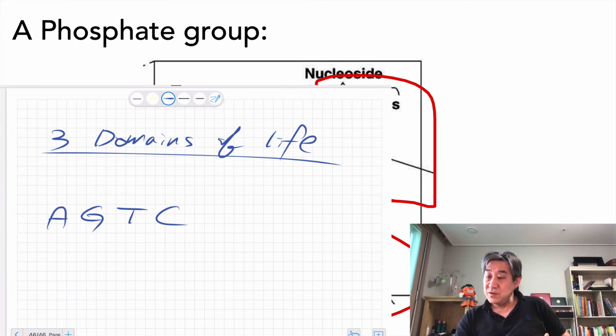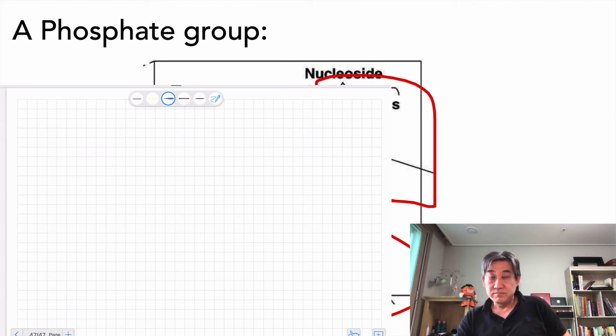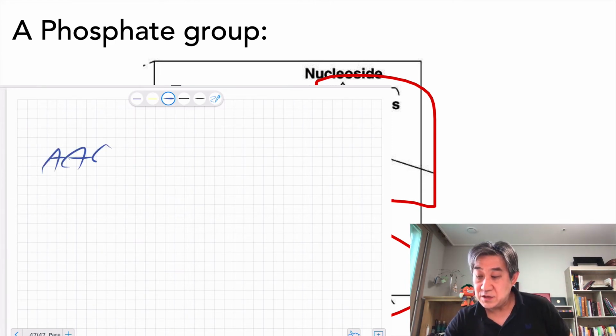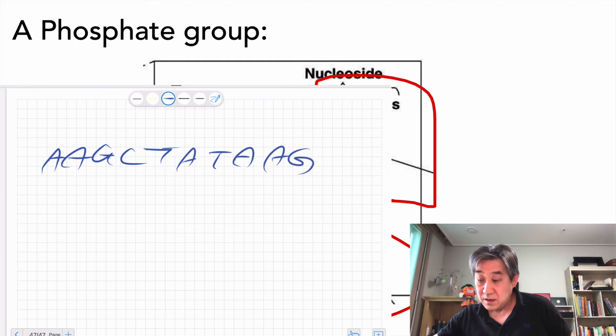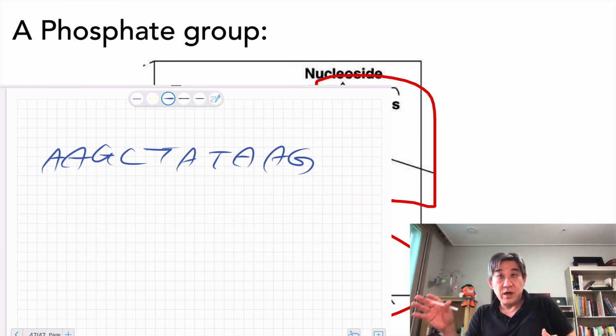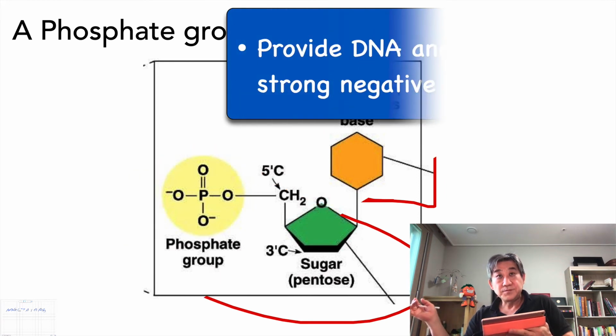So this is actually what we mean by a DNA sequence in practice. In other words, when we refer to any DNA sequence, A, G, C, T, A, A, G, randomly like these, now you know what I mean by that. This is the DNA sequence in a particular area of the DNA.